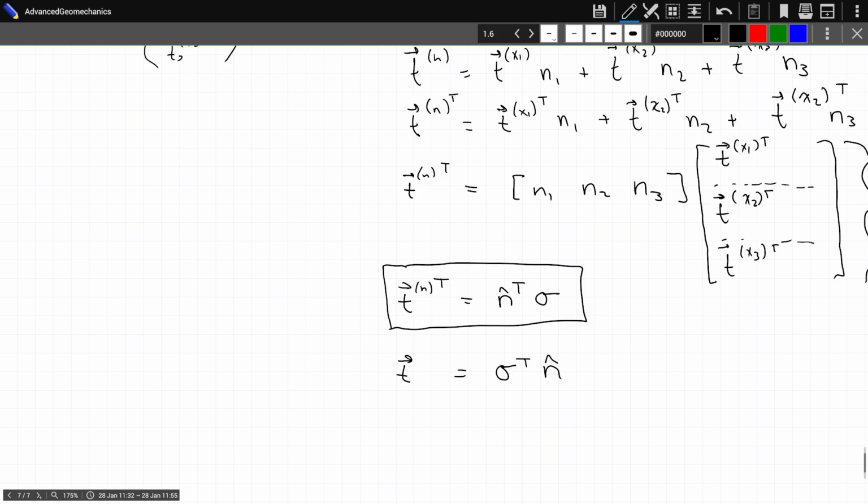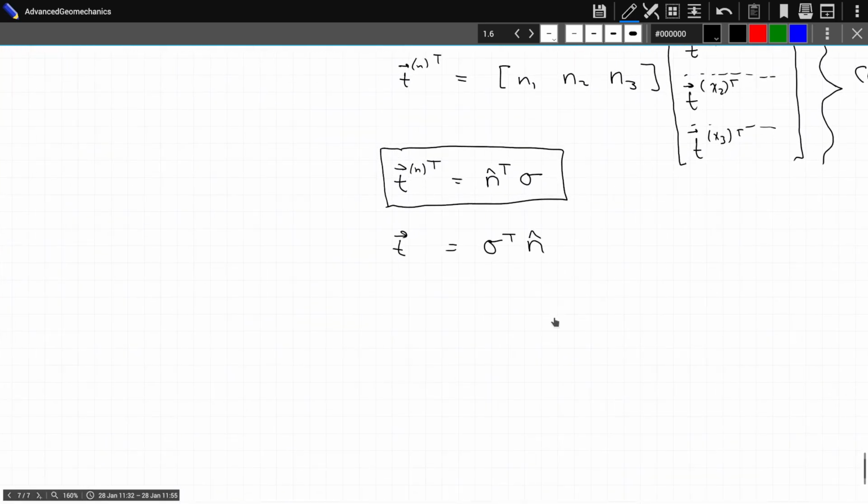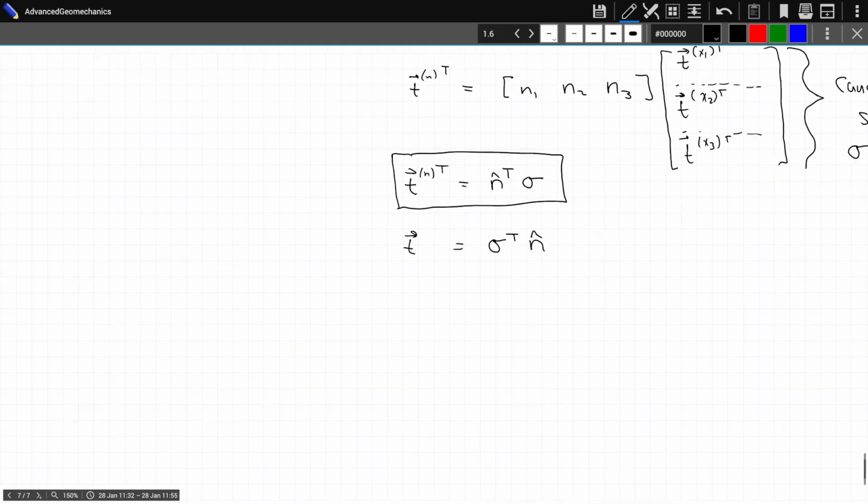So, just a couple more things here today. I'm just going to label this the Cauchy stress equation.